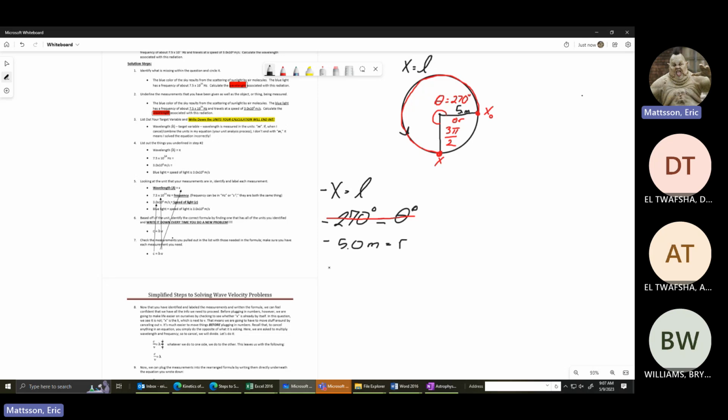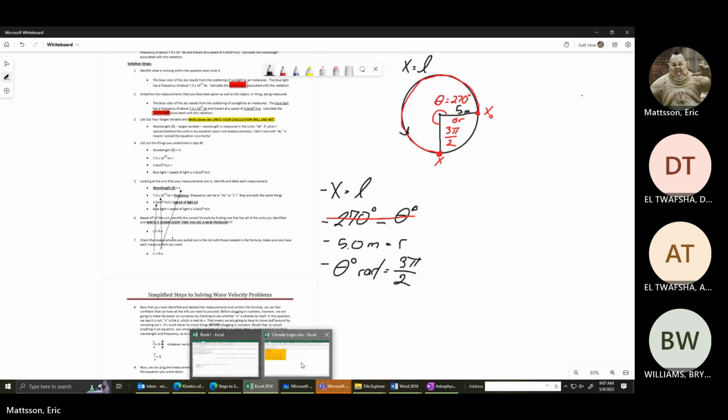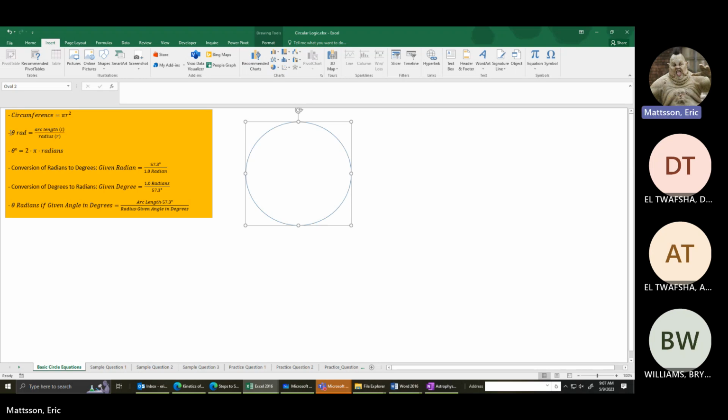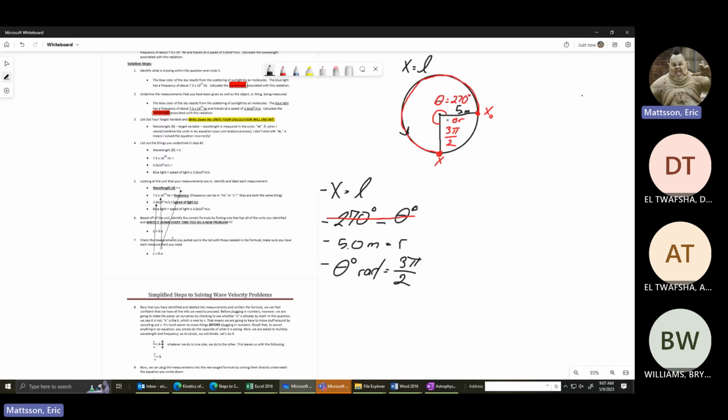So let's put the angle in radians and see what that does. 3 pi halves. So now instead I have an arc length, a radius, and an angle in radians. So now I can use this equation. By using a different value for the angle, I now got an equation that works without having to do a lot of extra work. The more work we can avoid, the better. So again, next thing we do is we always write the equation down.